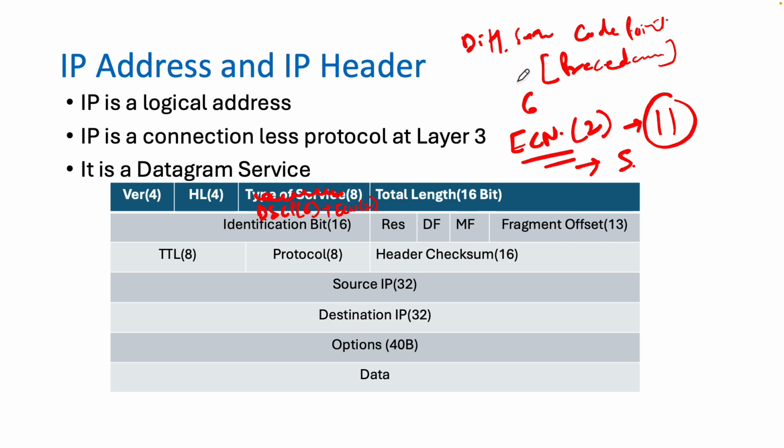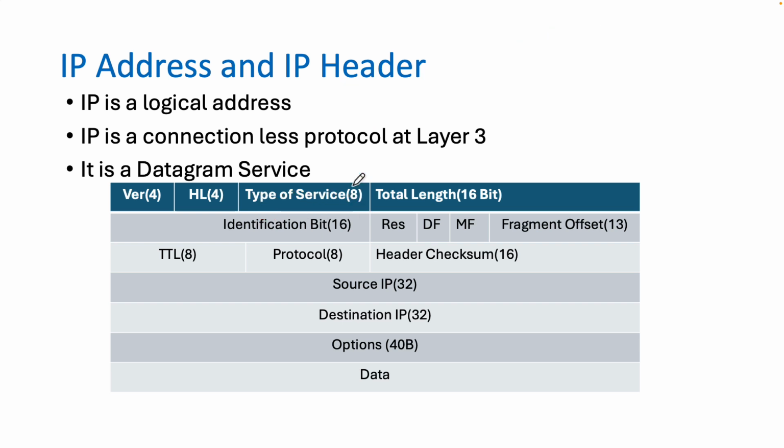And for the 6 bits, there will be values for each of these applications. Once you reach CCNP level or the QoS section, then you will understand this. All right, so this is DSCP 6 bits plus ECN in IPv4.